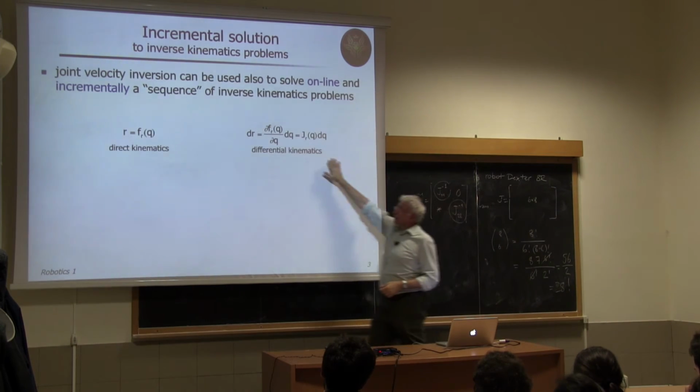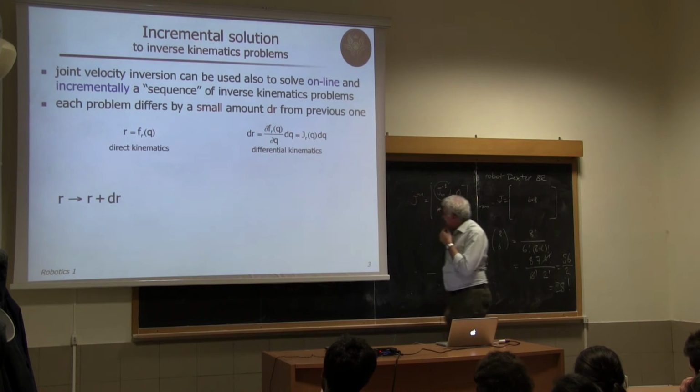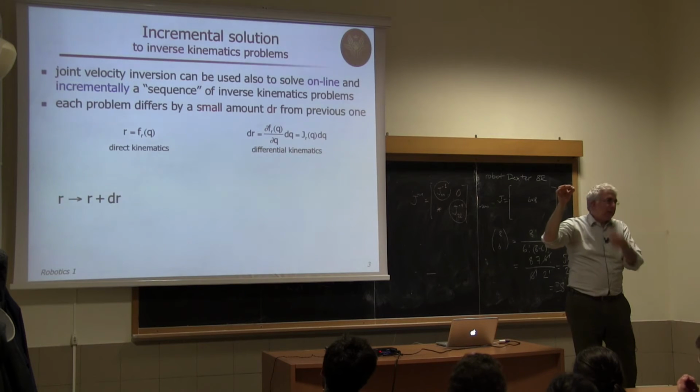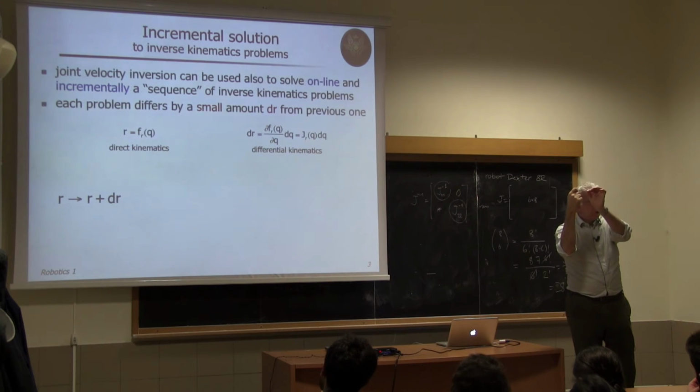So having this in mind, suppose that you have a sequence of inverse kinematic problems. I need to find a solution in Q for this point, and I have multiple solutions. But I can take one, let's say the one with elbow down. The next problem is close to the previous one.